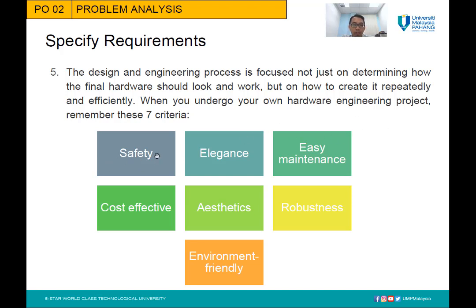In terms of safety, you can create your own sentence, but these are some requirements: safety, the look, elegance, easy to maintain, cost effective, aesthetics, robustness, and environment friendly. Okay, these are some criteria that you can include in your project.